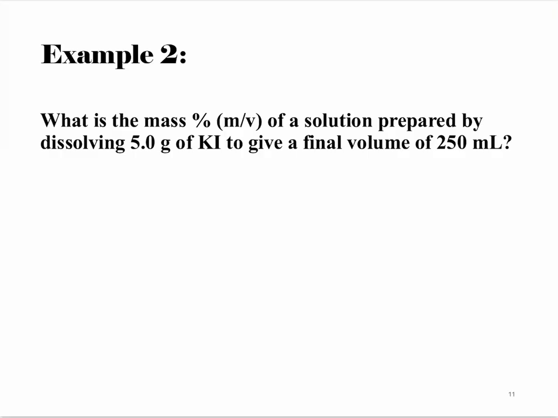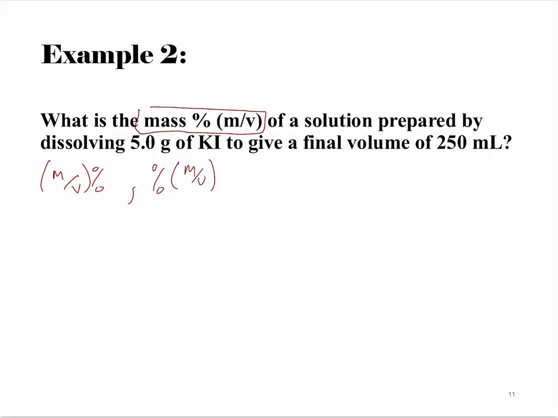We want to solve for what? We want the mass to volume percent concentration of the solution, right? So we want to find the mass to volume percent of solution. Sometimes you'll see it written like that. Sometimes you'll see it written like the percentage first. This is what that means.